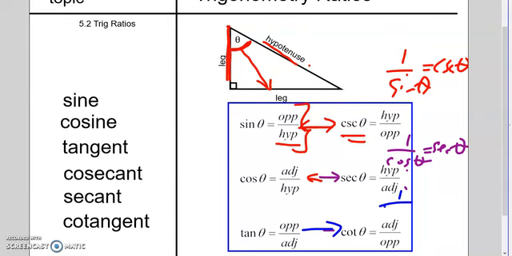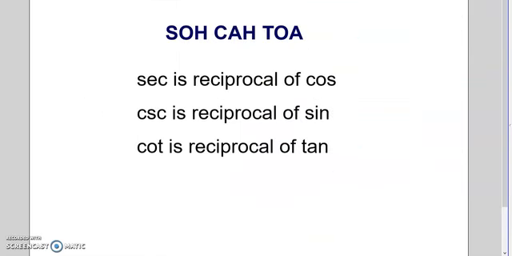So 1 over your tangent theta is equal to your cotangent theta. All right, so those are the definitions. Secant is the reciprocal of cosine, cosecant is the reciprocal of sine, and cotangent is the reciprocal of tangent.